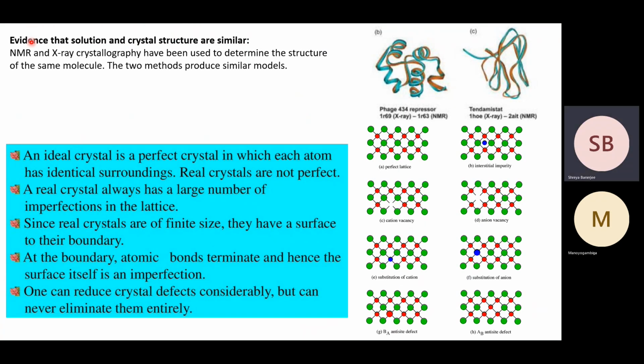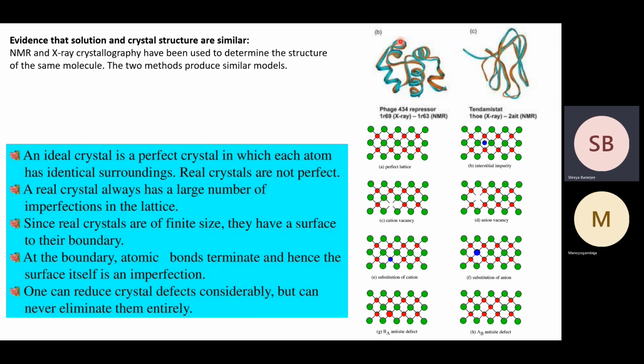Now, how are we sure that the structure that is obtained from NMR and X-ray is similar? So several experiments were done. Firstly, on the phage 434 repressor protein, and this blue color that you can see is the data from X-ray, and the orange color is the data from NMR.